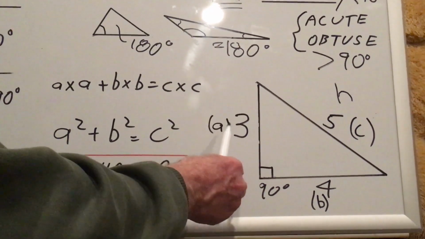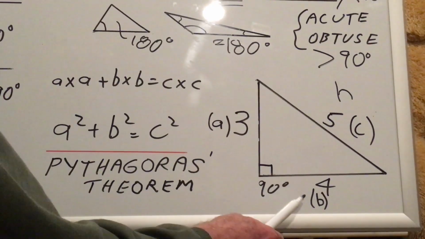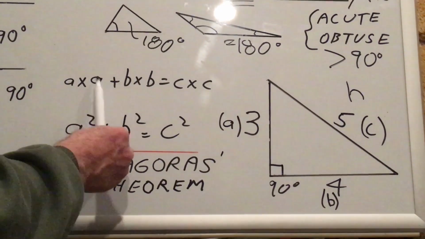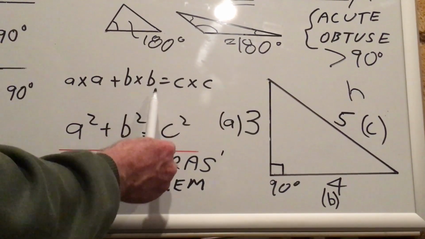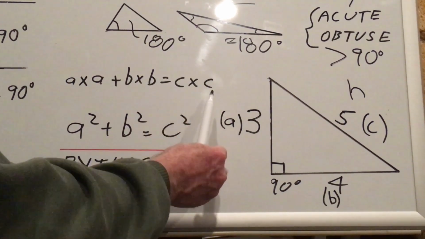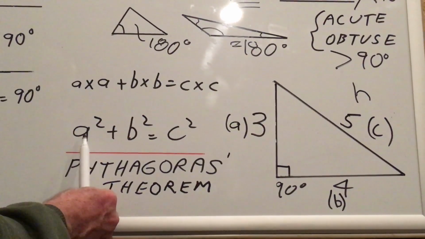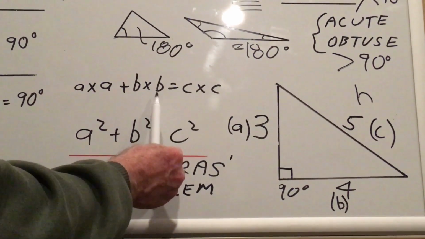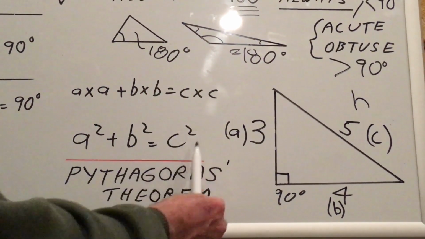So if we call this side A, this side B, and this side C, we know that A times A plus B times B equals C times C. So A squared, in other words, A times A, plus B squared, B times B, equals C squared.